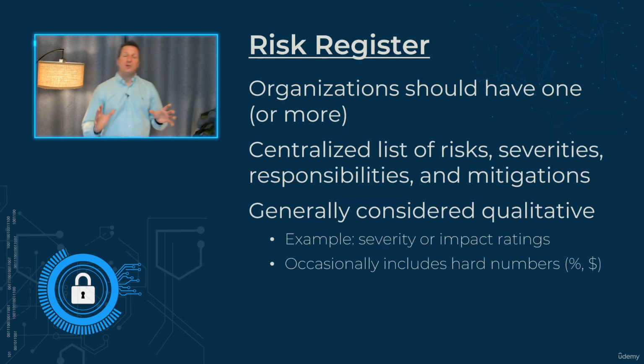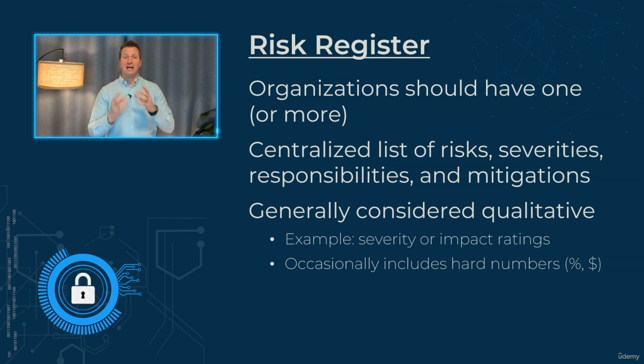Now, one way that we can properly manage the different types of risks in one place in a list so that we have an easy way to look at the relative severity ratings would be in a risk register. Organizations should have one or more risk registers, depending on whether they're assessing the entire organization or just one department or maybe just a project. So you might have multiple risk registers, but it doesn't change what goes into it.